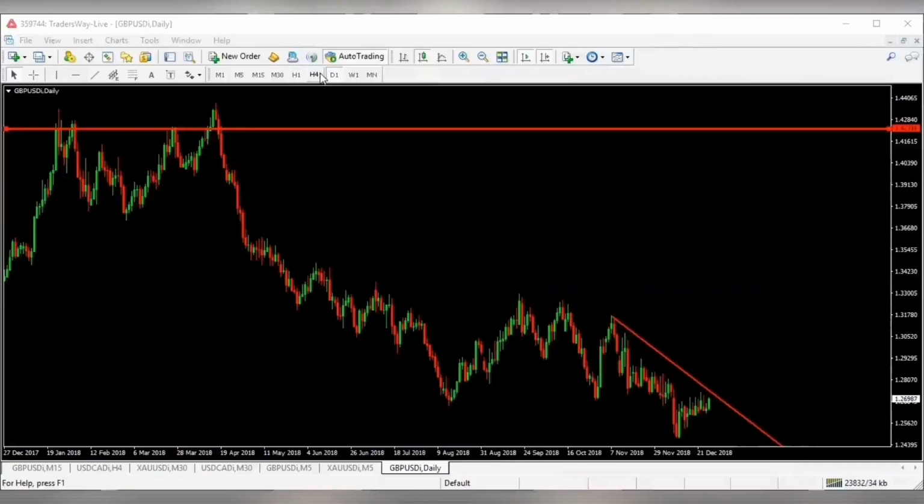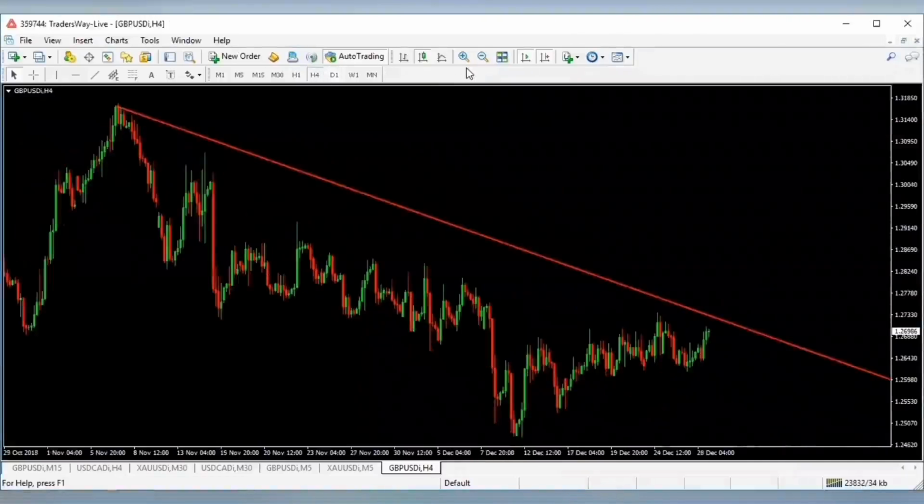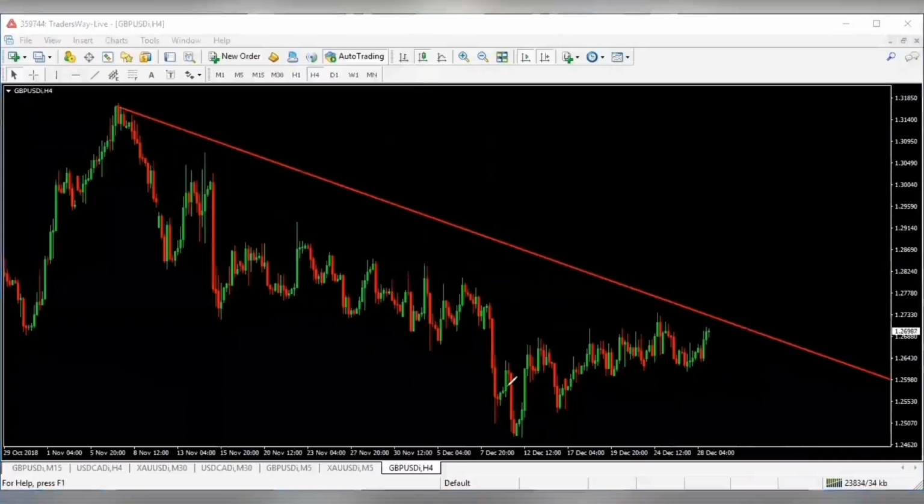So as you can see, this is the daily H4. Now I'm zoomed in. As you can see right now, price is currently buying. Once price reaches the trend line here at the top, it's either going to break it or reverse.